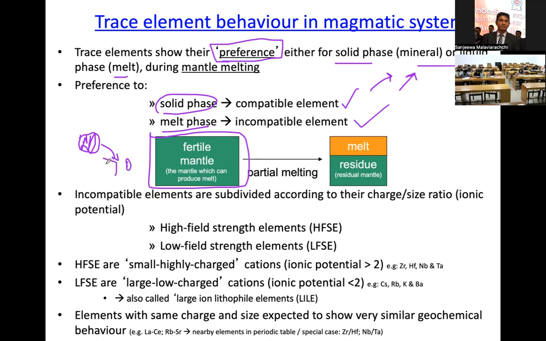Two phases will be produced. So during the formation of these two phases, some elements would like to move into this melt and escape. Some elements would like to remain in the solid itself. That is what we differentiated here as compatible and incompatible elements.